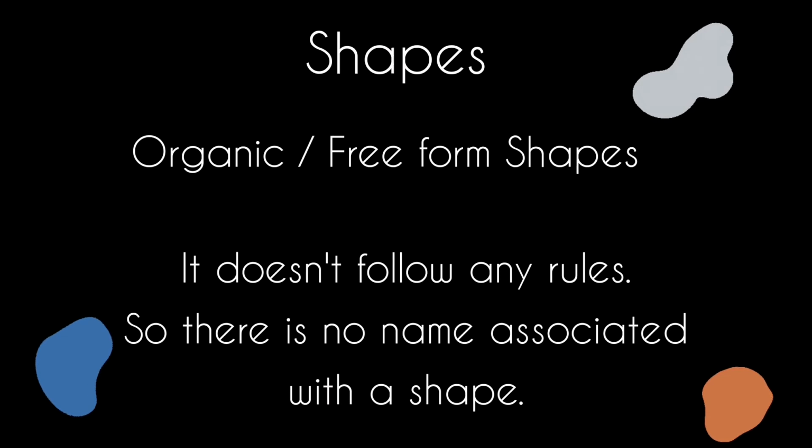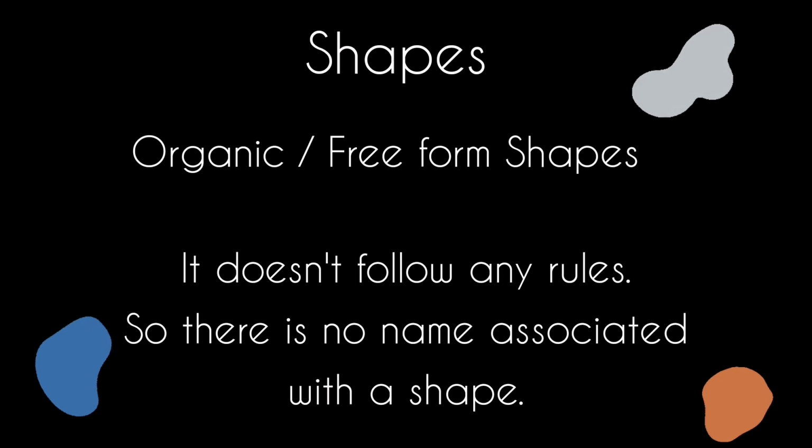These all can be organic free form shapes because they are formed with any lines. You can understand which shape it is, but it can't be calculated, and there is no particular rule for applying maths to it. So it's called free form or organic shapes.